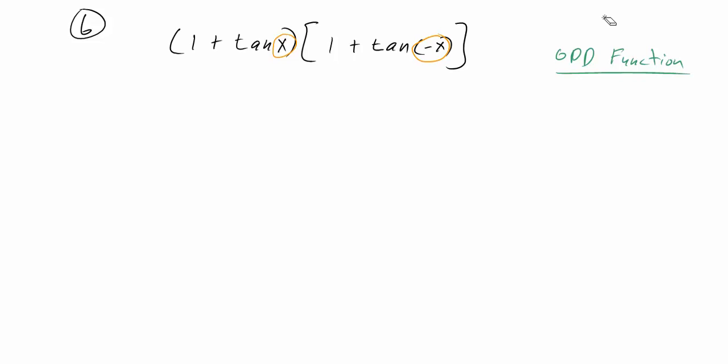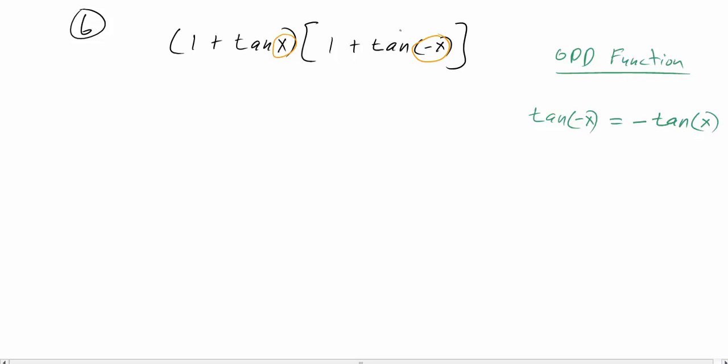And if we recall, for an odd function, if we're looking at the tangent, what does that tell us? Well, that says that the tangent of a negative x is going to be equal to the opposite of the tangent of a positive x.